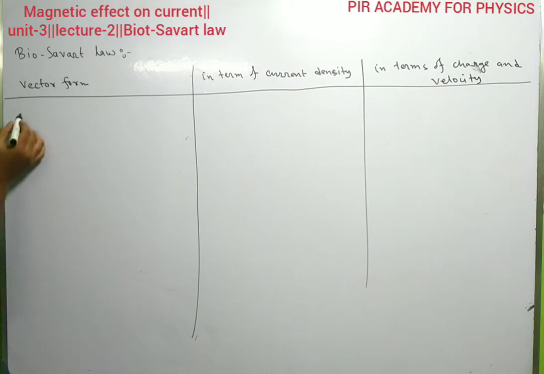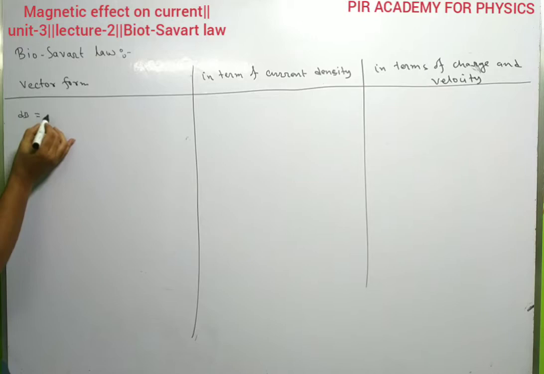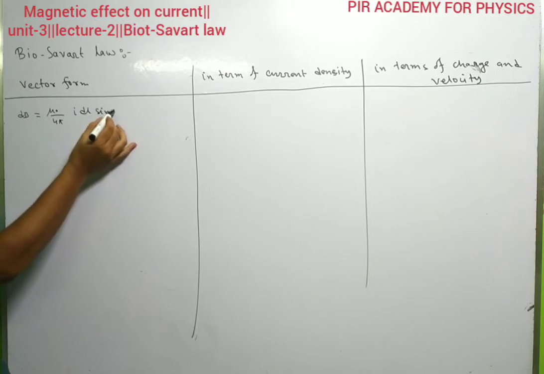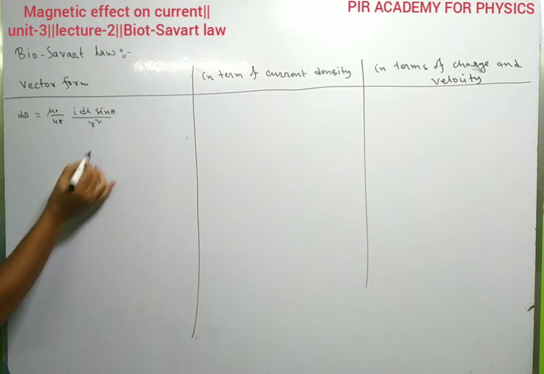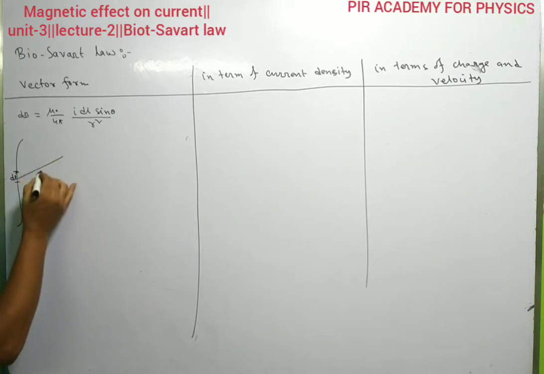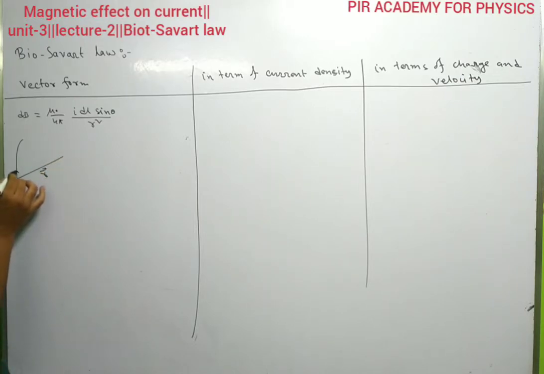Here we have deduced that dV equals mu 0 by 4 pi I dl sin theta divided by r square. This is the current carrying conductor. This is the dl, the direction of dl is along this direction, and this is the direction of r. The angle between dl and r is theta.